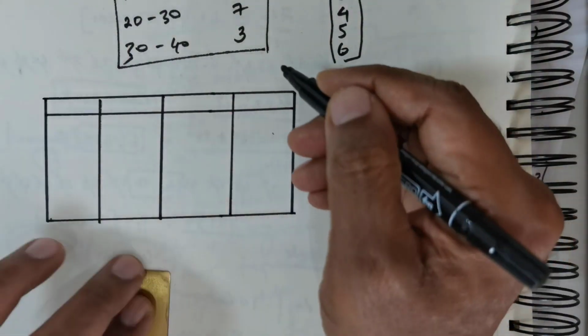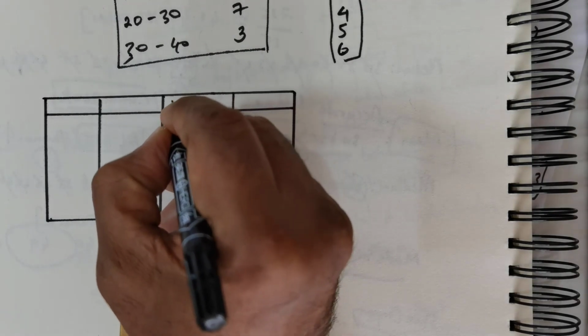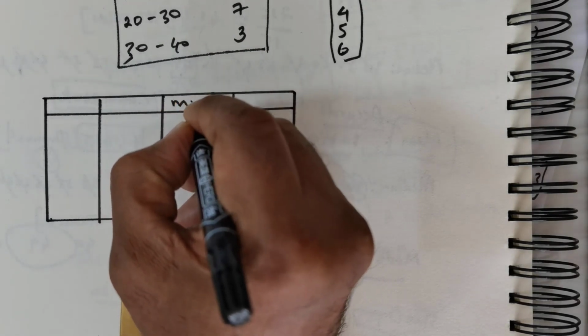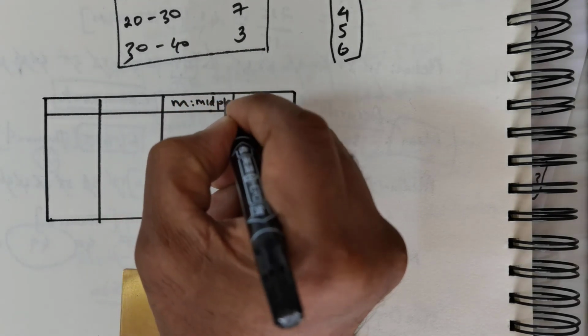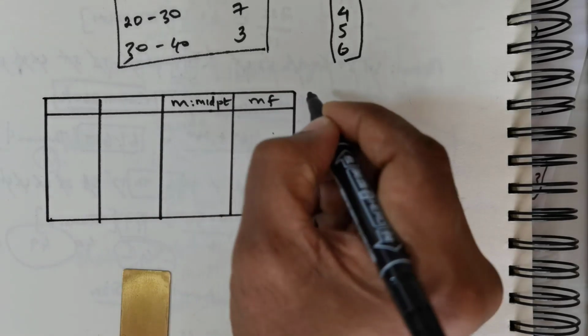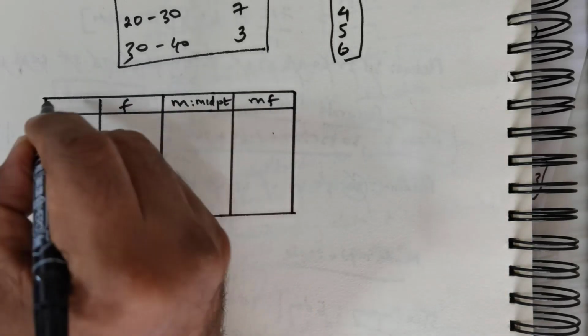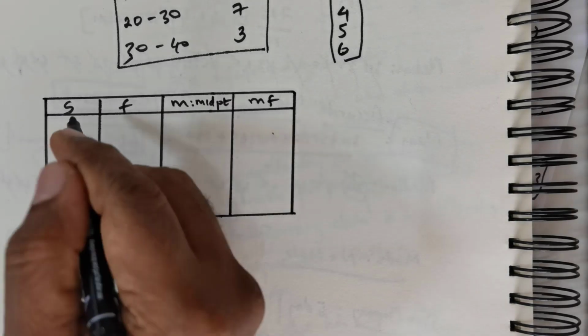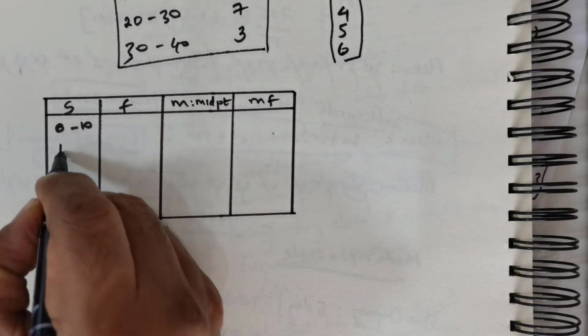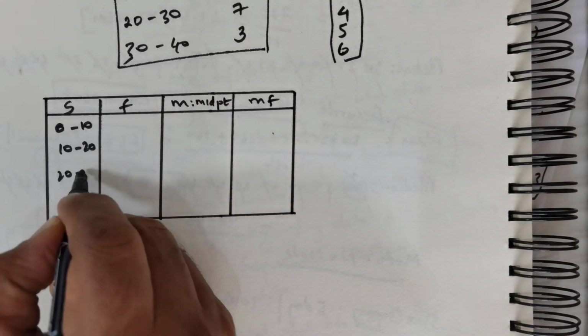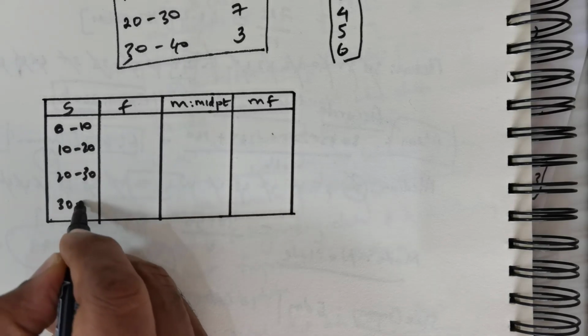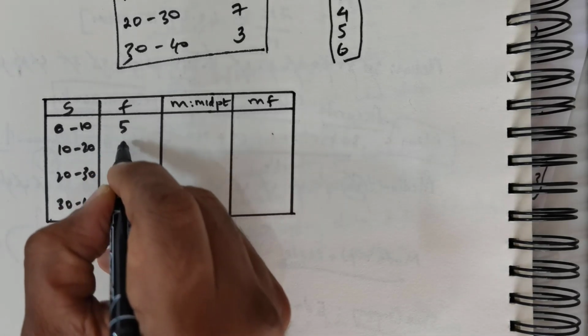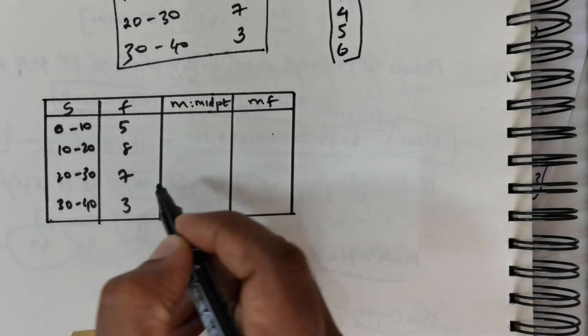This is what is called a midpoint. M stands for midpoint. And next we will calculate MF. So this is the frequency, this is the score. The scores are between 0 to 10, 10 to 20, 20 to 30, and 30 to 40. The frequencies are 5, 8, 7 and 3.